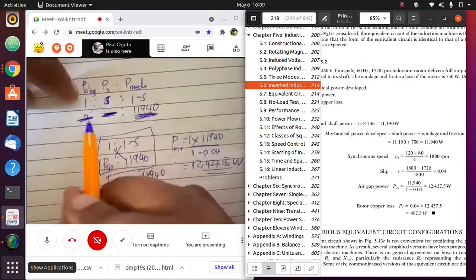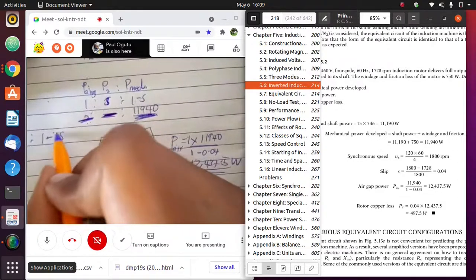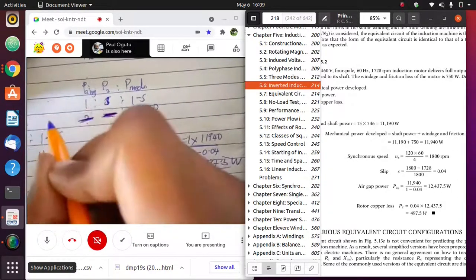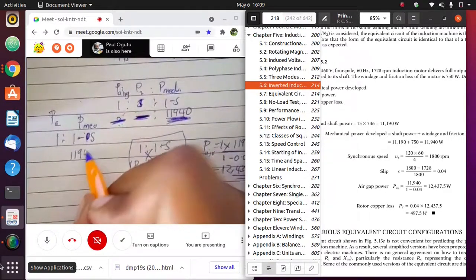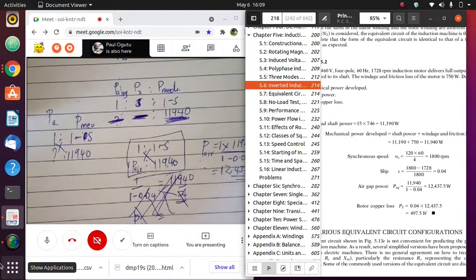So by using this ratio, 1 to 1 minus S, and we have the value of S and the value of the mechanical power. This is the P air gap and this is the P mechanical, 11,940. So what will be the value of the P air gap? Did you understand that? Or is there a question?